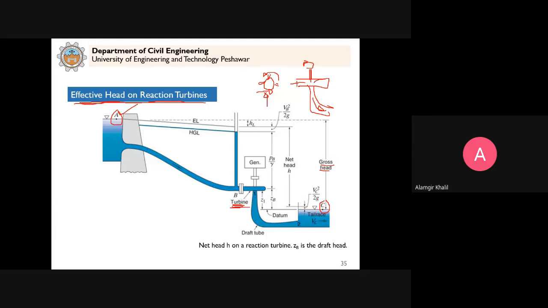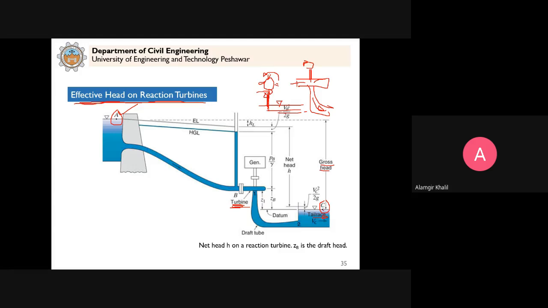Now out of this gross head, because we have submerged discharge, the water is in motion here. In case of the impulse turbine, the water just falls down after striking and joins the tail race. But in this case, you see that in the tail race the water is moving.